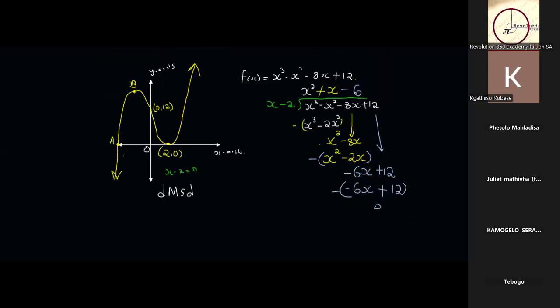And then taking into consideration that now we have x minus 2, as you can see, as well as this quadratic equation, which is x squared plus x minus 6.